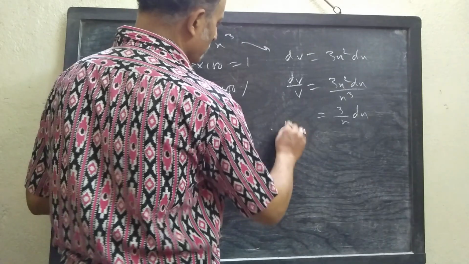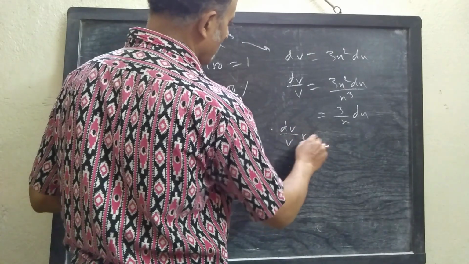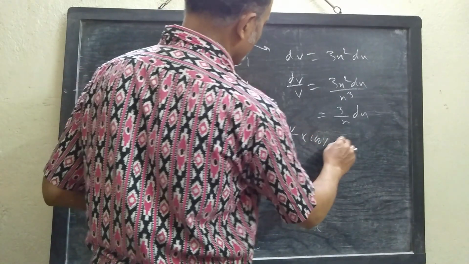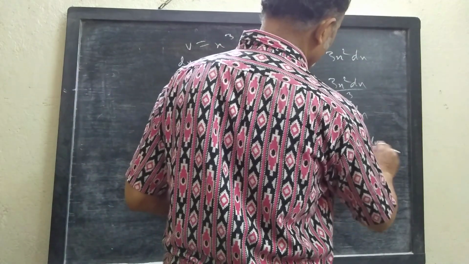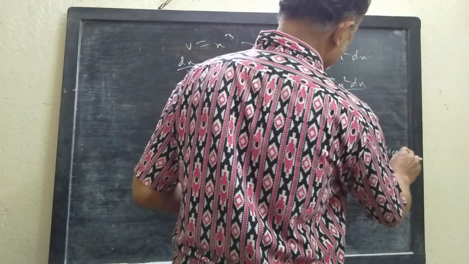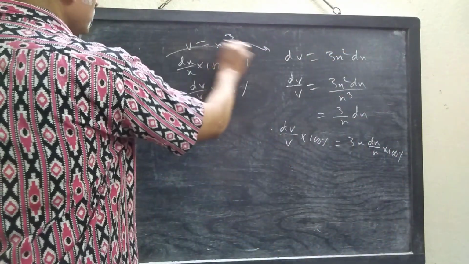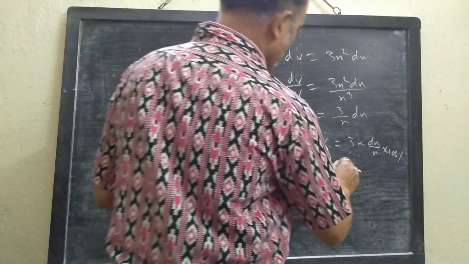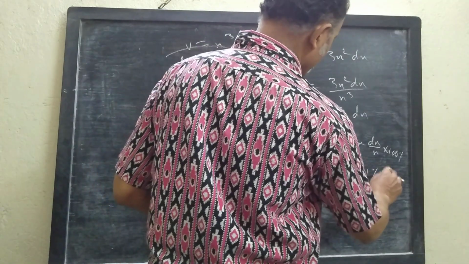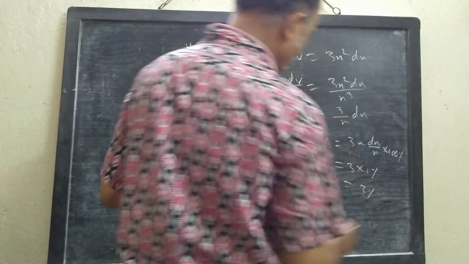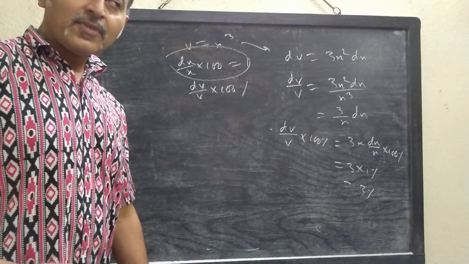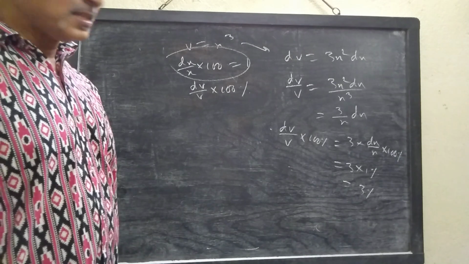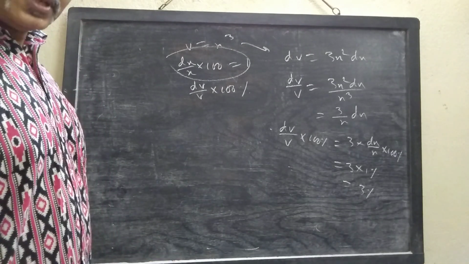Therefore, dV by V into 100% will be 3 into dx by x into 100%, and you know this result is 1. So 3 into 1%, so this will be 3%. That is, your answer will be, there will be an error of 3% in measuring the volume of the cube.